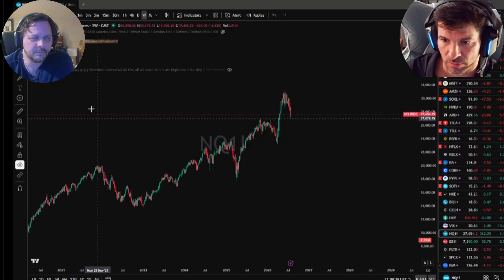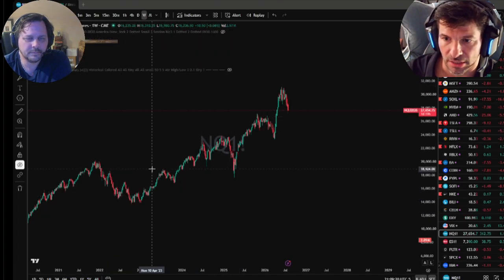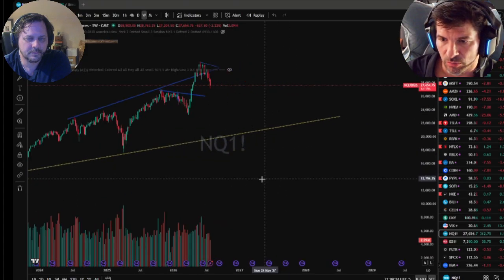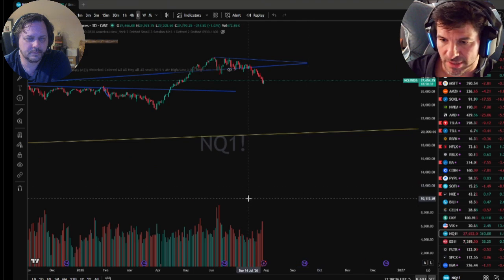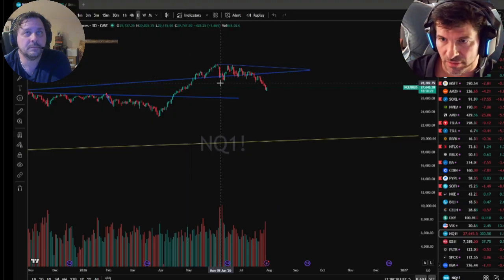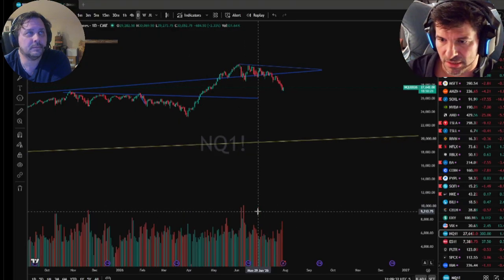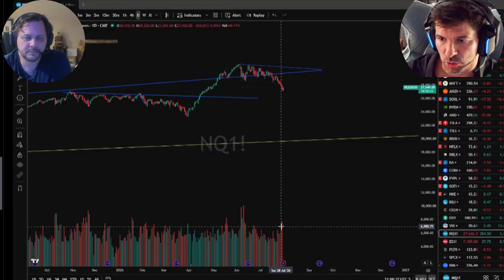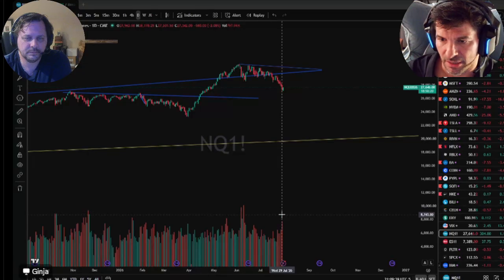Volume lets you see what's happening in the market. You can see here, when volume spikes red, we came down. Spike here again, we're coming down.